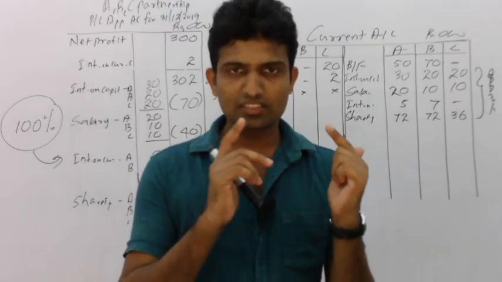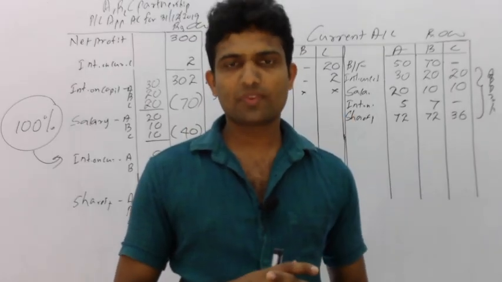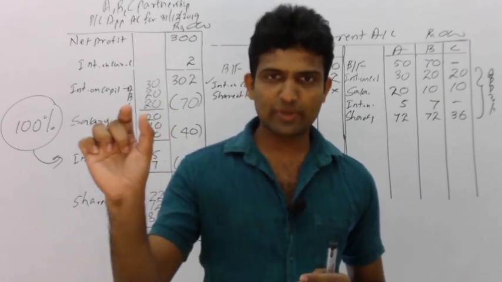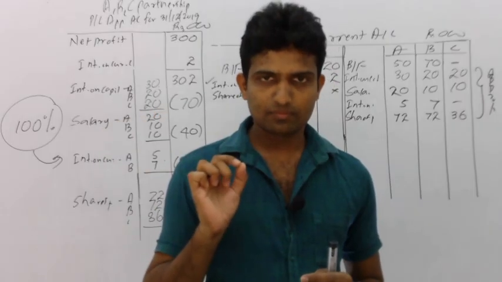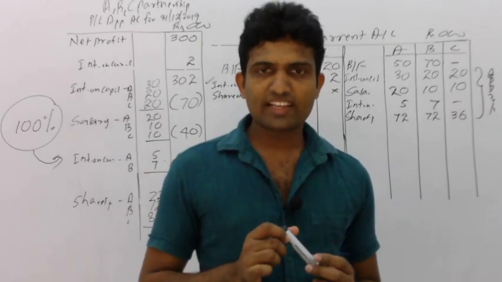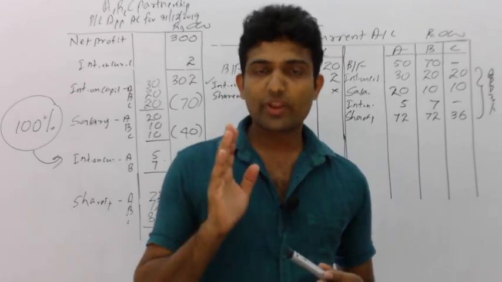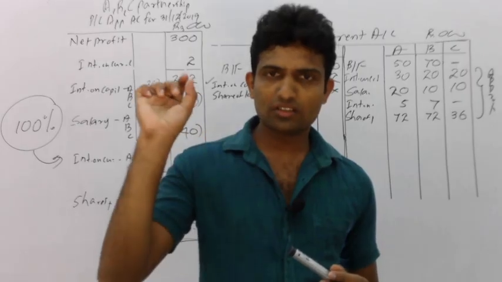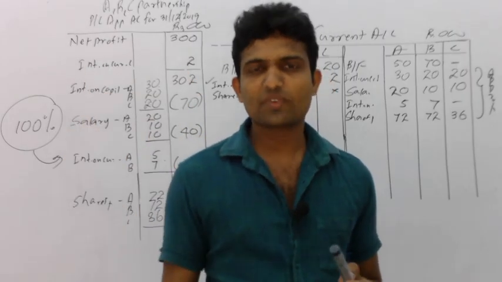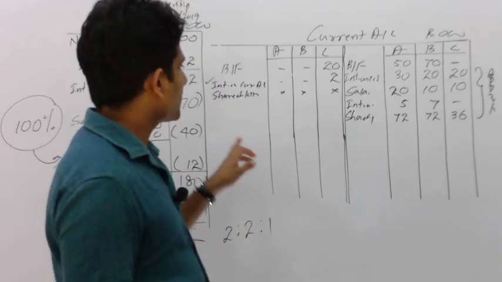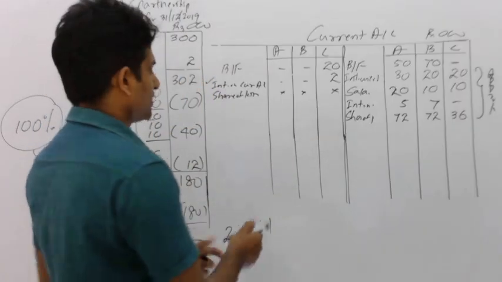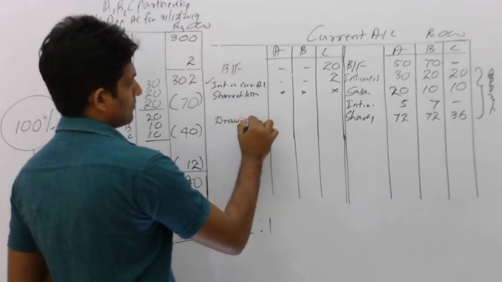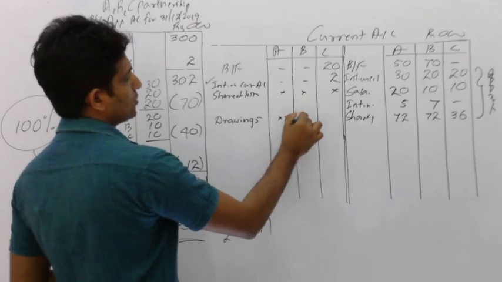In sole proprietorships, drawings we deduct from their capital in the statement of financial position. But here, when they make drawings without showing that in SOFP, we debit those to partners' current accounts. Drawings of partners, you can debit here.